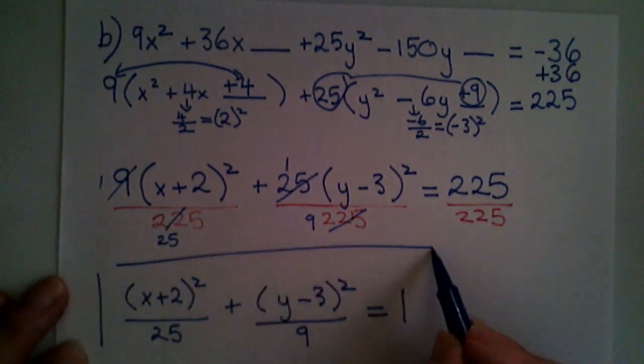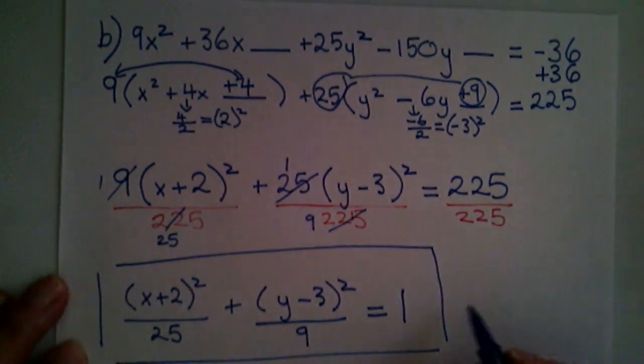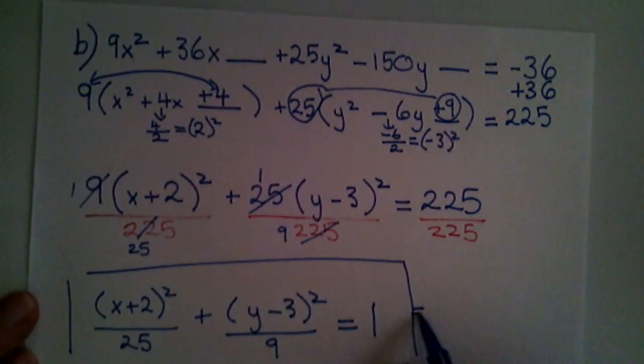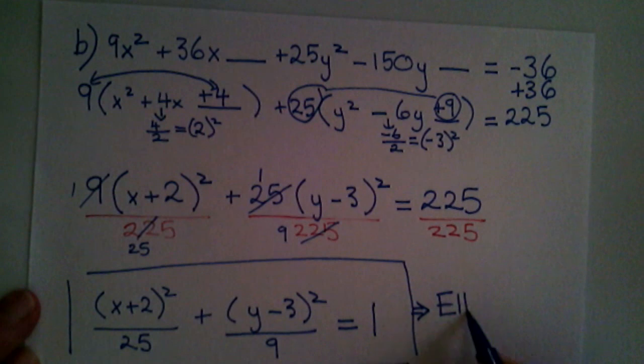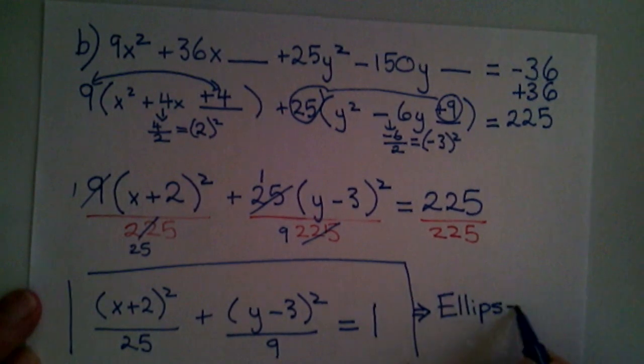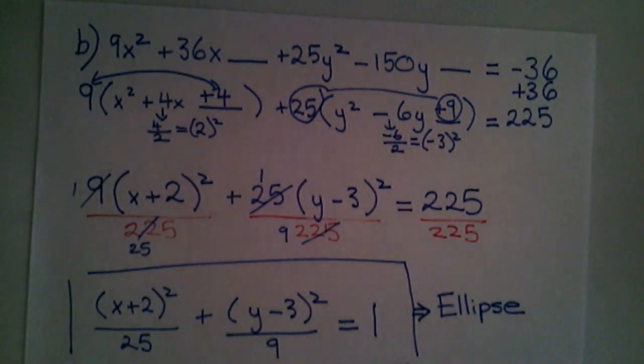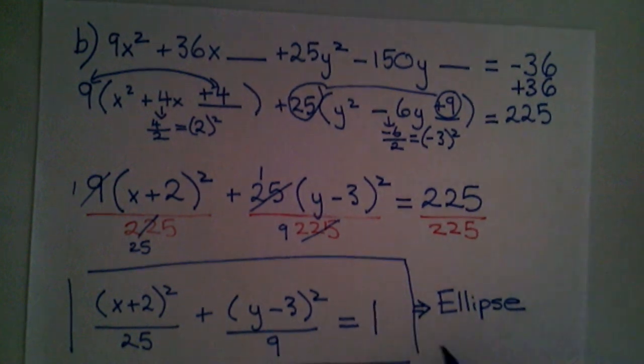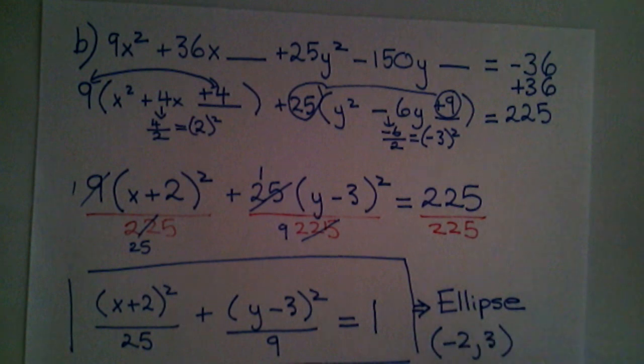So here's the equation that we're going to graph, and that equation here is an ellipse. So we have an ellipse here, and we're going to graph it in a minute. Its center is not around the origin, so we can already see that the center of this is going to be negative 2, 3. That's the center.